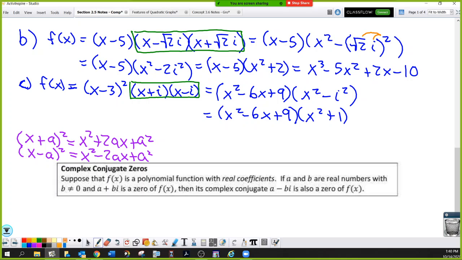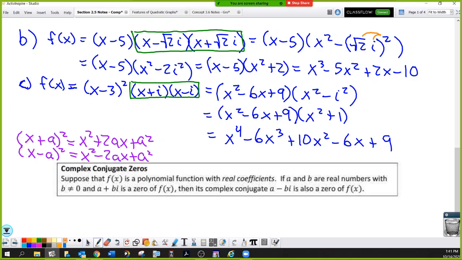Can I just write the 4th degree polynomial that you would get from FOILing? Here we go. x to the 4th minus 6x to the 3rd plus 10x squared minus 6x plus 9. Whew, there it is.